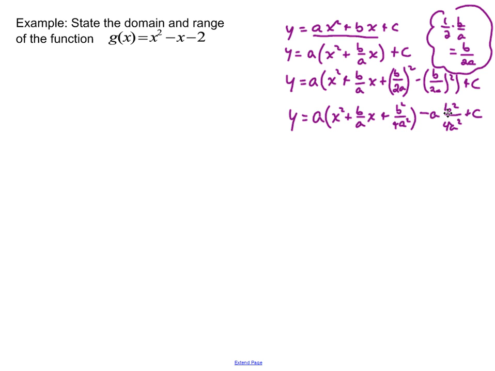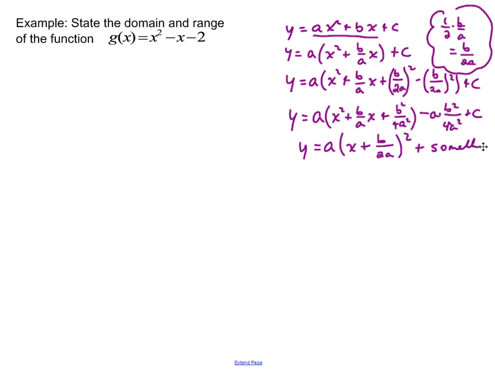And some of this might actually look kind of familiar to you, especially if you remember the development of the quadratic formula. y would equal a times x plus b over 2a, quantity squared, plus something.